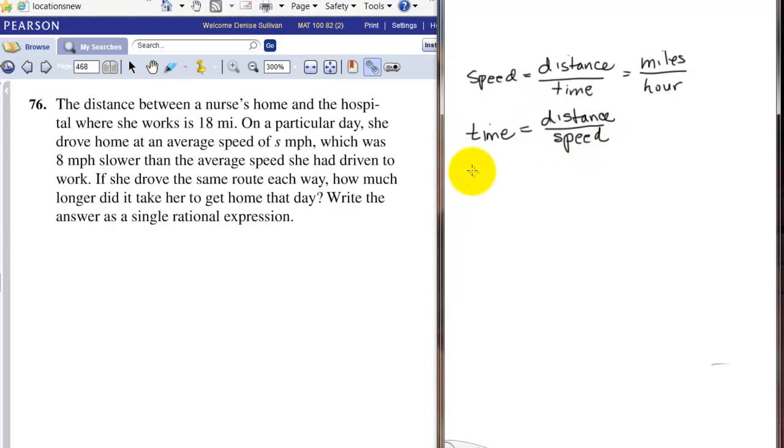That's how they're related. Okay, and we're looking specifically for the difference in the time it took her to get home, because we're assuming it took her longer to get home than to get to work, minus the time it took her to work. Alright, so that's the difference.